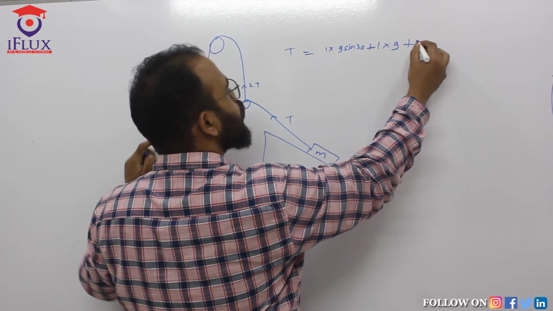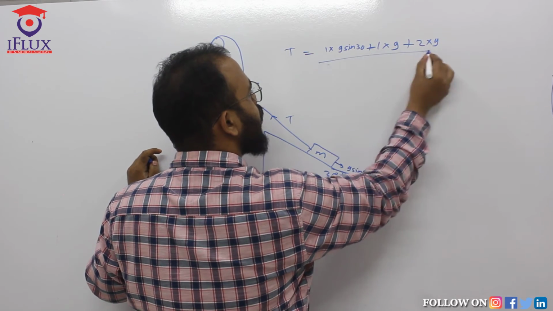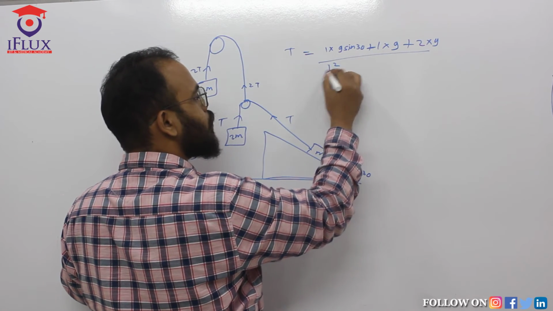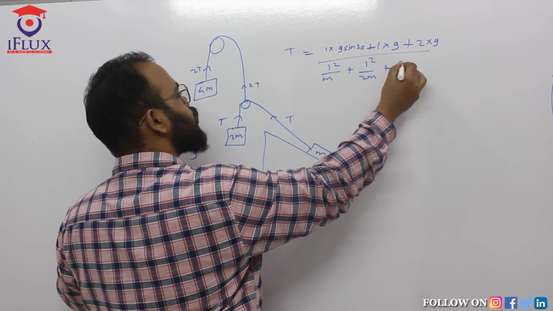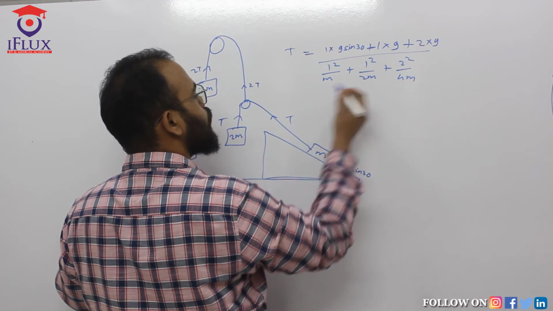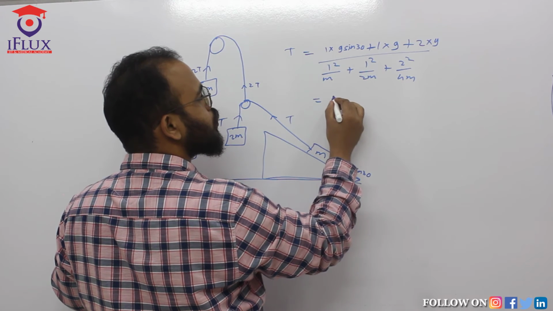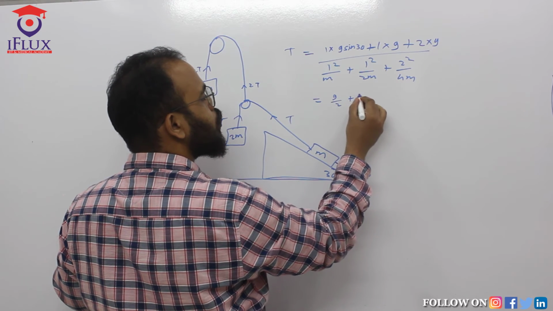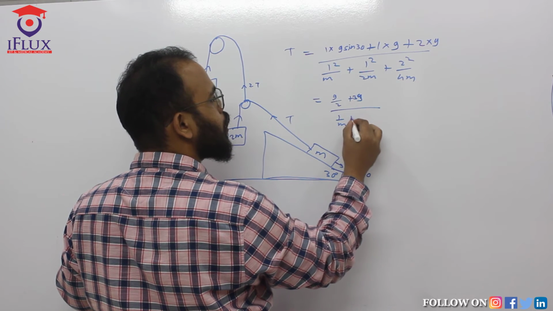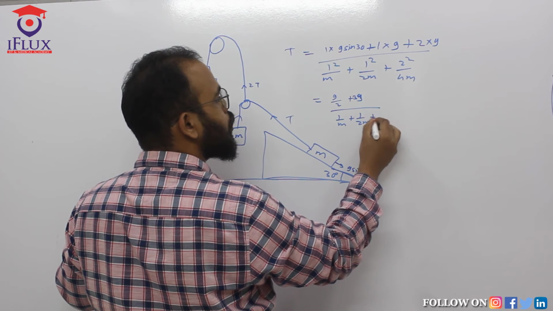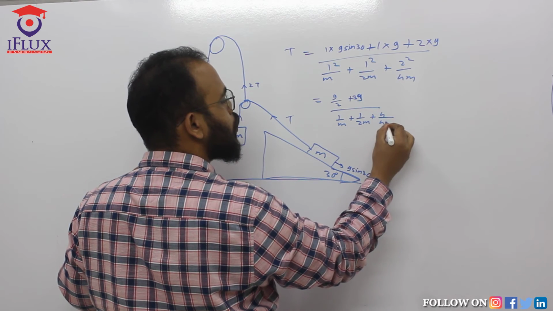Plus 1 into coefficient of contribution of g here will be g, complete g. Plus this is 2 into g divided by coefficient of 2 square will be 1 upon m plus 1 square upon 2m plus 2 square upon 4m. Here I have got the answer. So first will be g by 2 plus 3g divided by, this will be 1 upon m plus 1 upon 2m plus this will be 4 upon 4m.